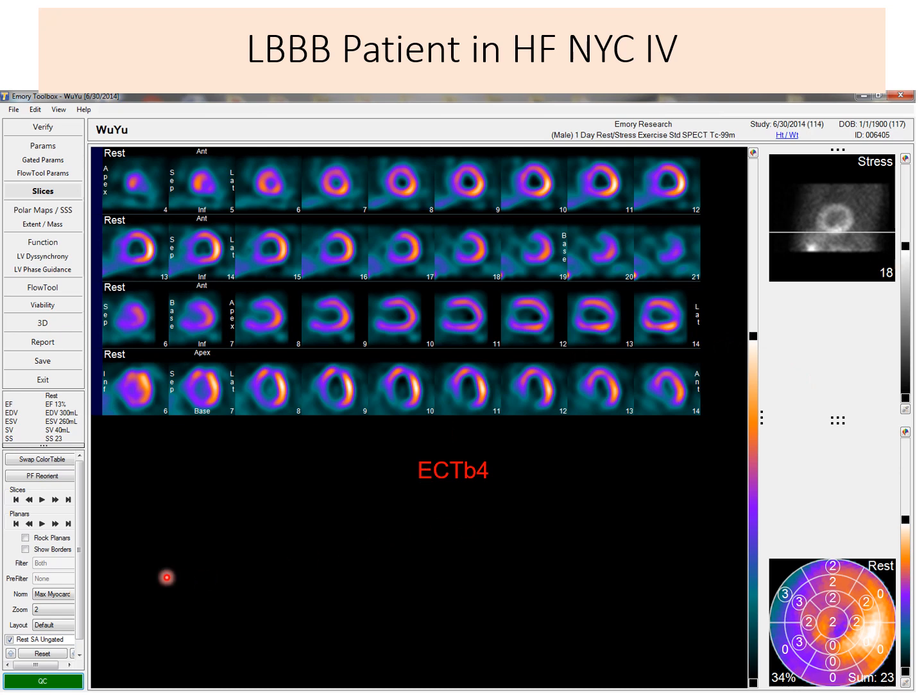But to be able to test this widely in different sites, we needed to develop tools to do what I've shown you before, which could be done with your eyes or with other tools, but with more integrated, sophisticated tools. So if you look at this patient, again, with left bundle branch block and in New York Heart Association class 4, you can see significant perfusion defects.